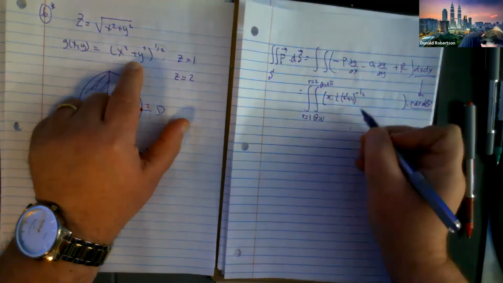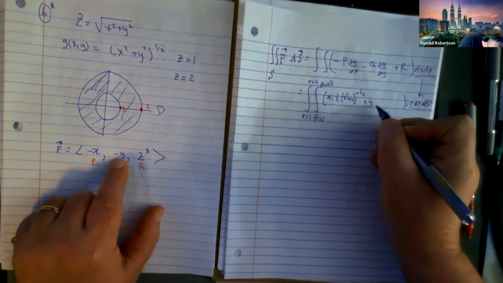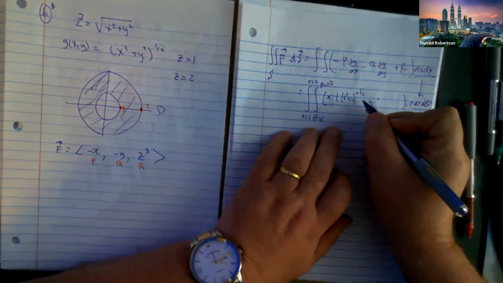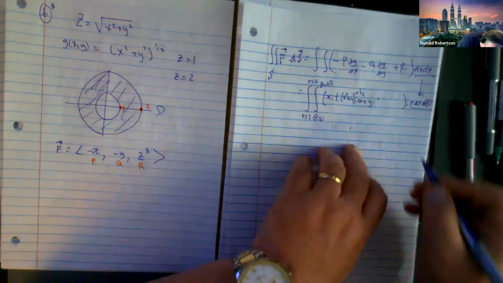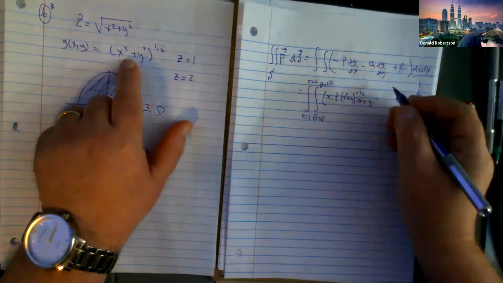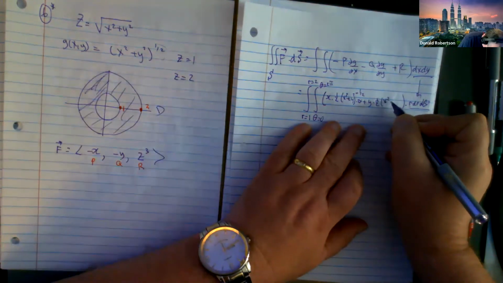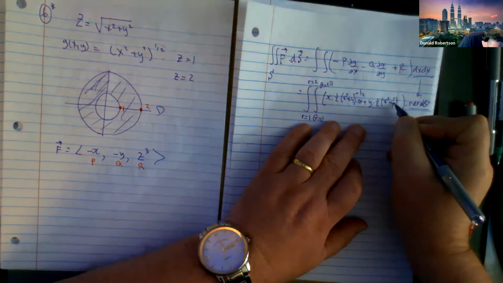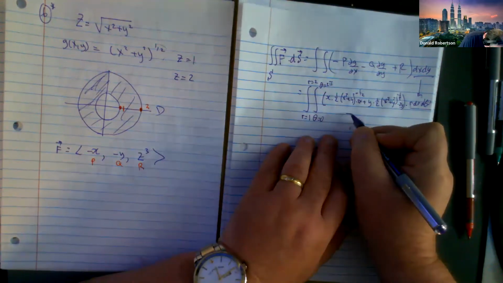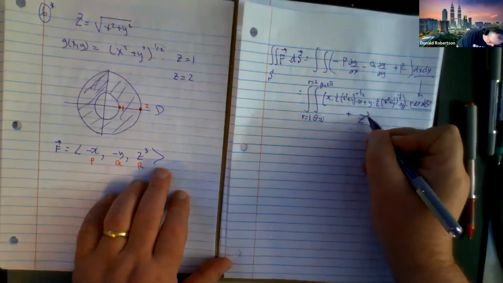Second term is going to be this guy, so it's going to be plus y times 2x. Differentiate this guy with respect to y, and you only get 1/2 (x squared plus y squared) to the negative half times 2y. And you're also going to get a plus r, which in this case is z cubed.